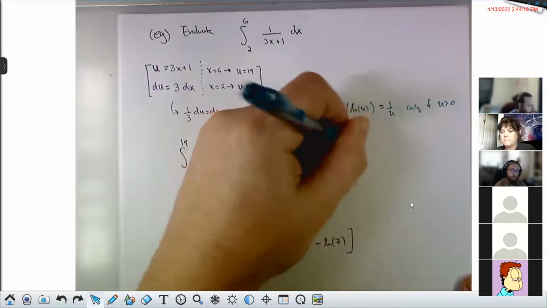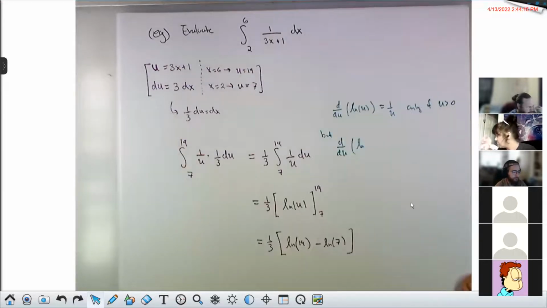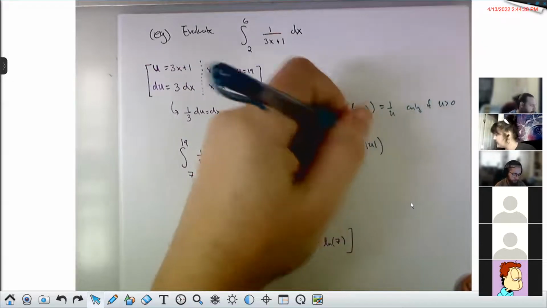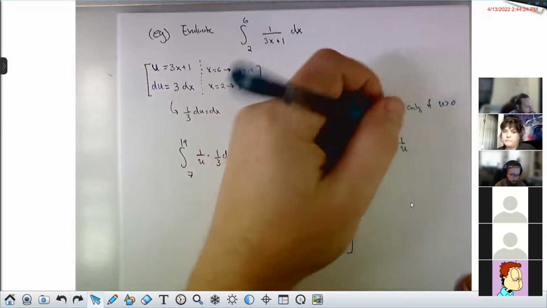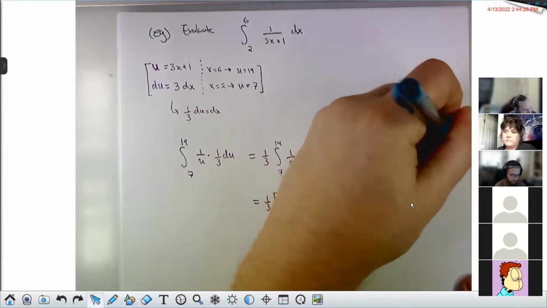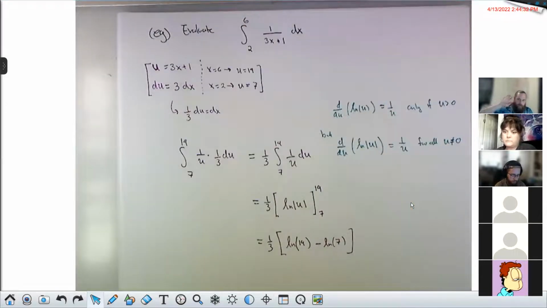And we went through a little bit of this proof when we were back in 4.9. If you differentiate natural log of absolute value of u, this is also equal to 1 over u. And this is for all u not equal to 0. So the natural log of the absolute value is the more general antiderivative. They both work.